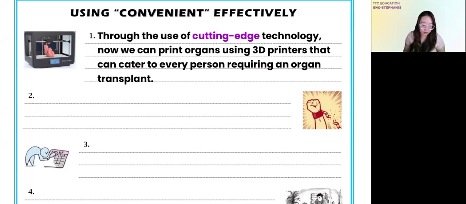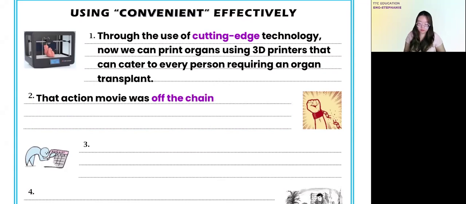We have our O. So O means off the chain. Very good. So how can you use it in a sentence? You can say that action movie was off the chain. Extremely good.